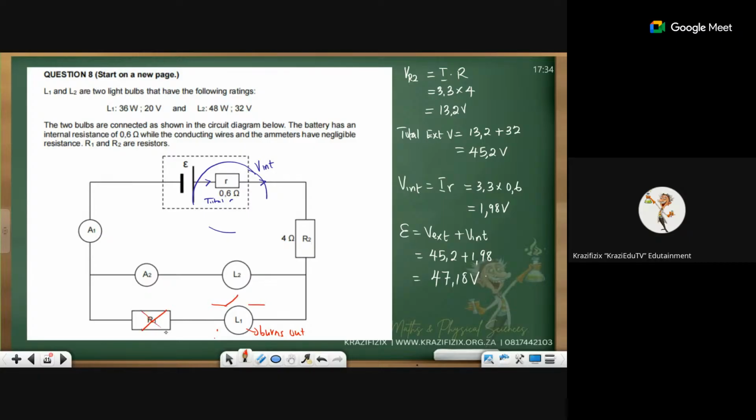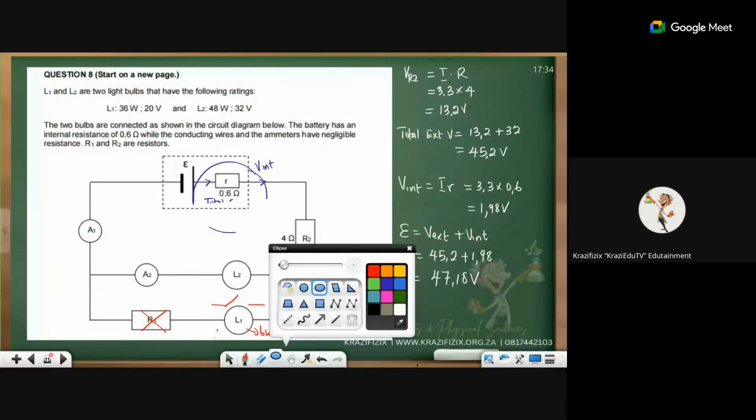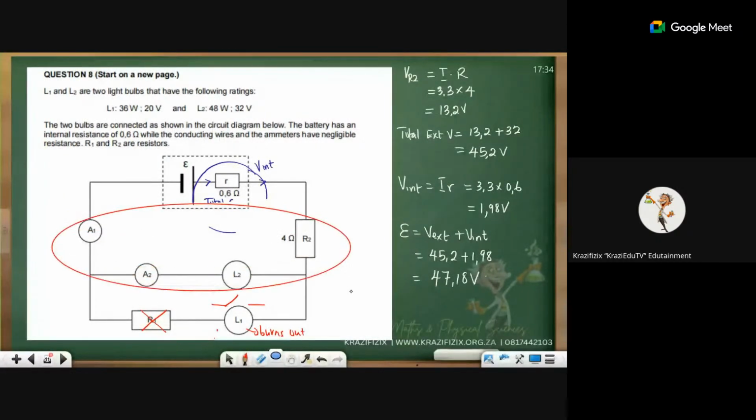So this guy will not work. So R1 wouldn't work, everything in that line, because it's connected in series to R1. So the only thing that is working is this. It becomes a series connection. But no matter what happens, the EMF of the battery will not change.